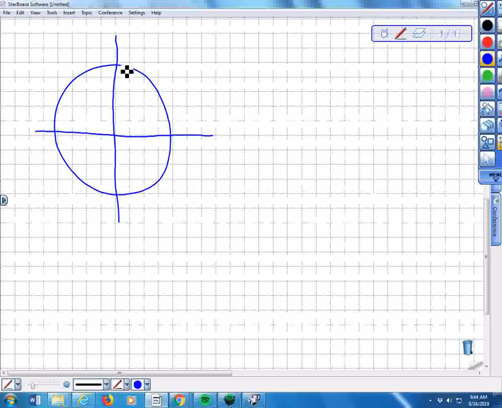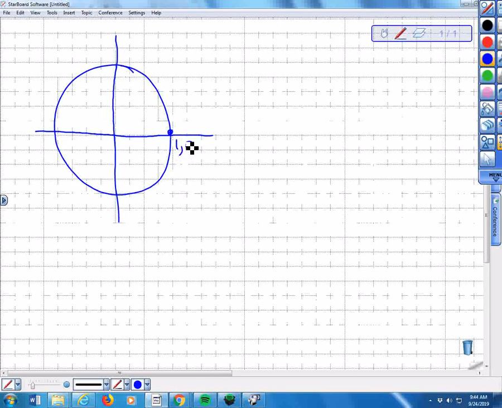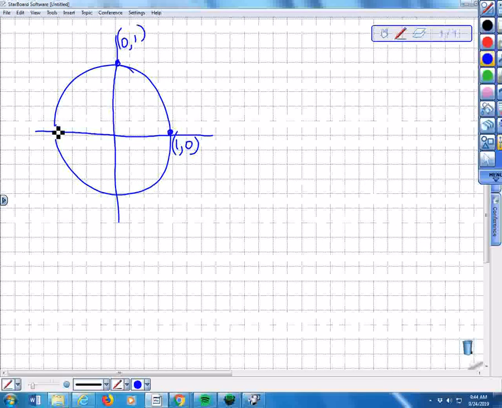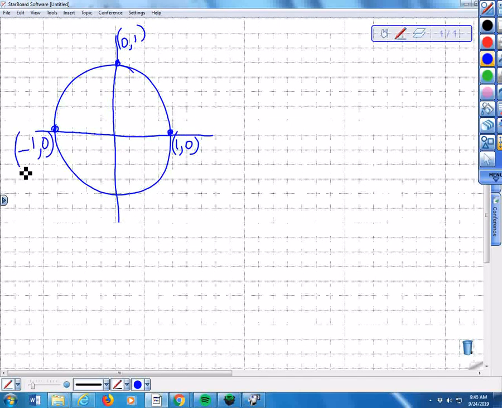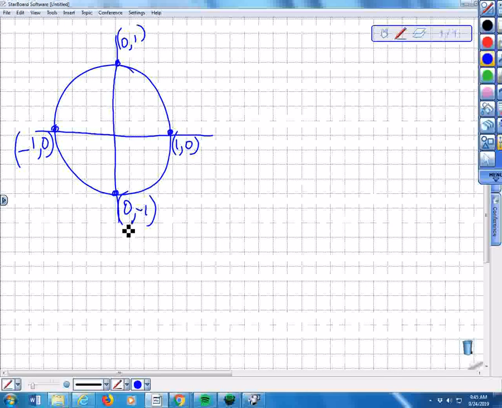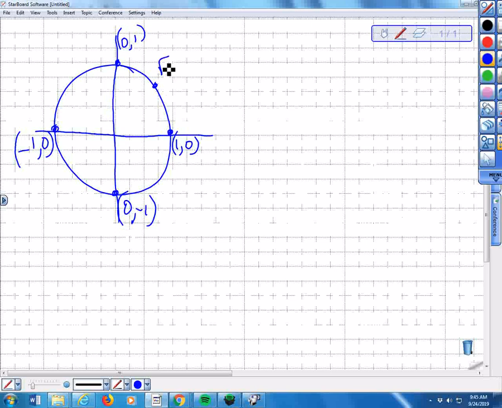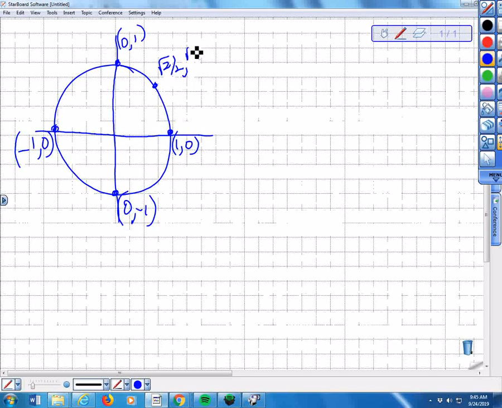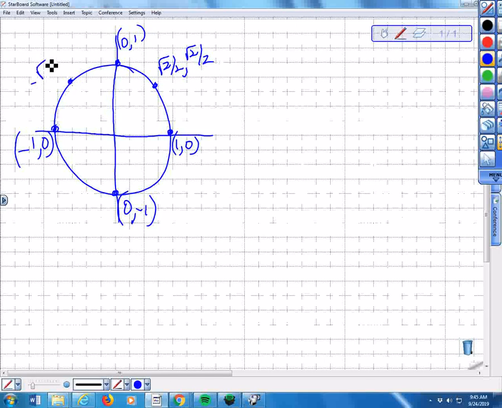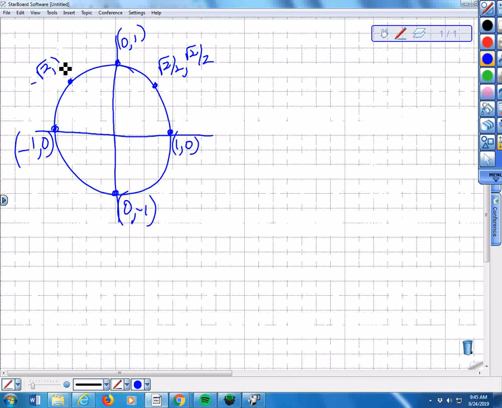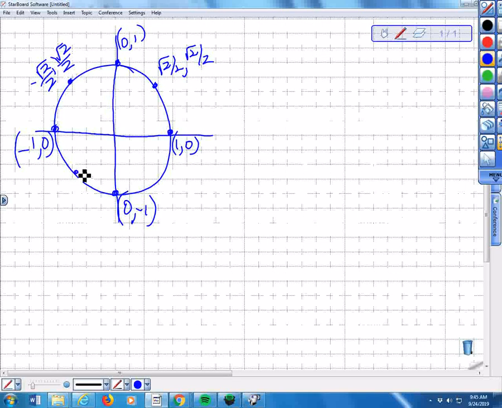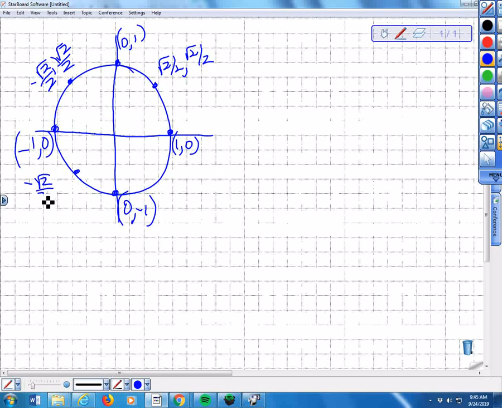graph these, we're going to call this 1, 0. And then I'm going to also do these are both negative.